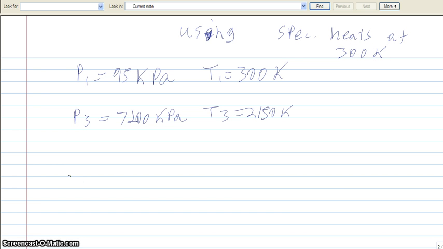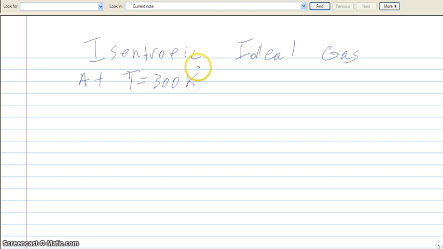So what we do first is isentropic ideal gas.